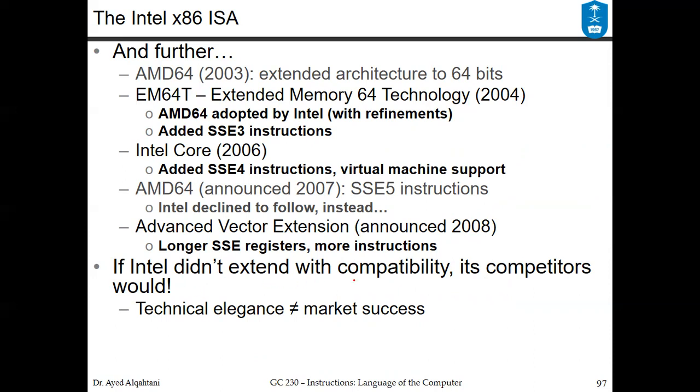So they need to work with the compatibility, and the reason, as you'll see in the next few slides, but here there is a good note that technical elegance doesn't necessarily equal market success. And Intel had to work with this for a long time.